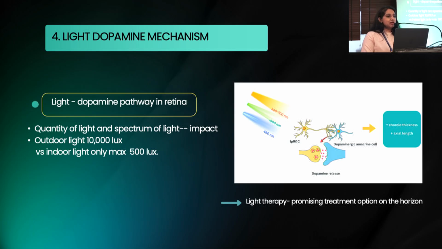And that is where the novel treatments come into play. The light therapies, red light and blue light, have come into play, along with the importance of outdoor activity. Here you can see the outdoor light is around 10,000 lux versus the indoor lux, which is only around 500. So you can't even compare the benefit of outdoor activities.